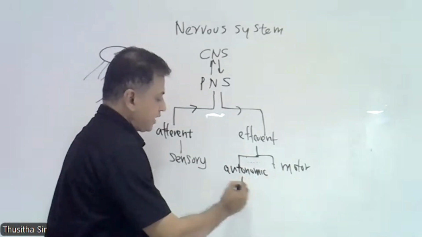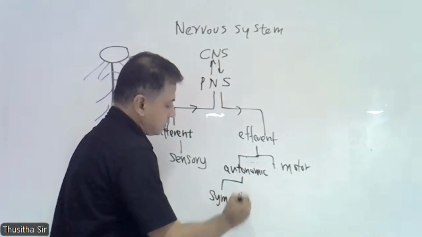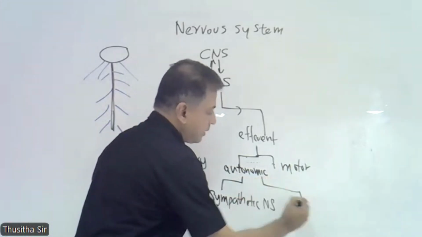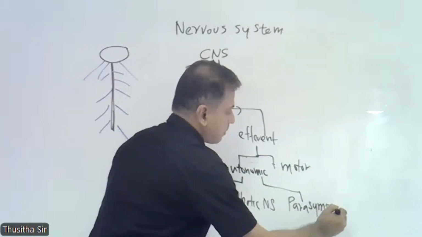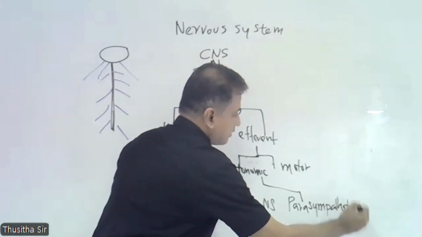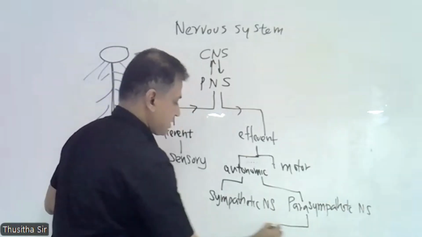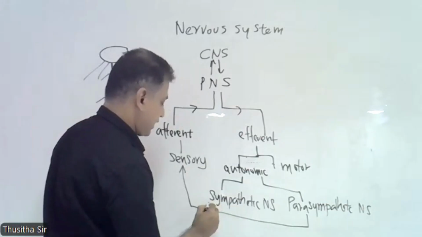This again we divide into sympathetic nervous system and parasympathetic nervous system. So sympathetic and parasympathetic nervous system connected to the sensory part, and it's going back again.